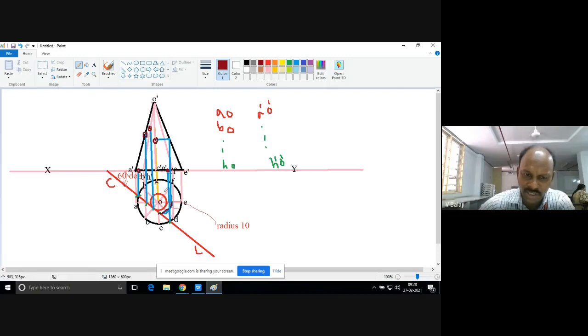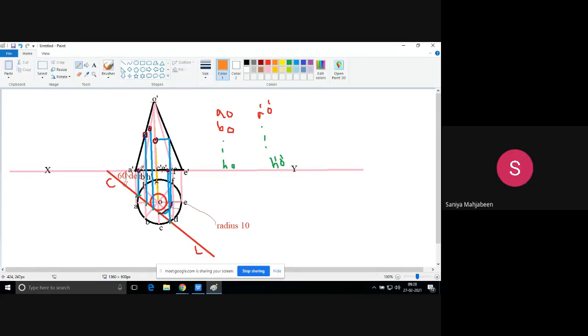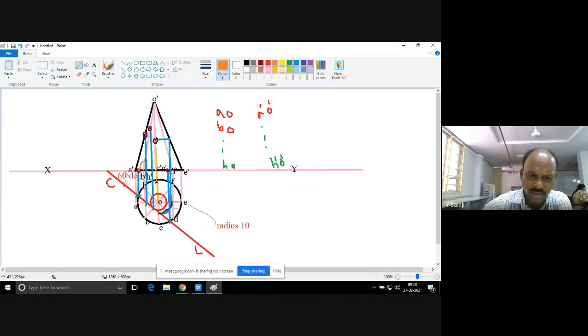Okay, now tell me how to join these points. 1, 2, 3, 4, 5. Curves. How to join? With a straight line or freehand? Freehand. Freehand curve. Okay, so something like you will get.